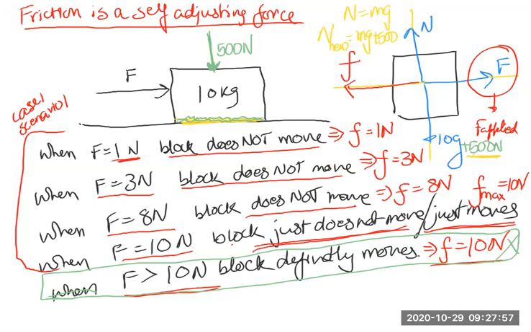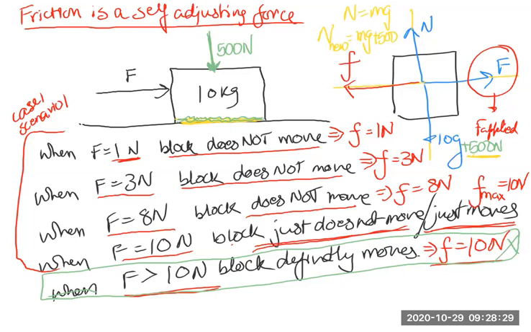When you increase the intermeshing, then to break the peaks and valleys, more force is required, because the width of the peaks and valleys that you have to break to move the object will become very large. So the interatomic, intermolecular forces that you have to go against will become very large.